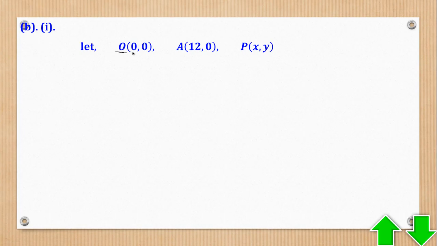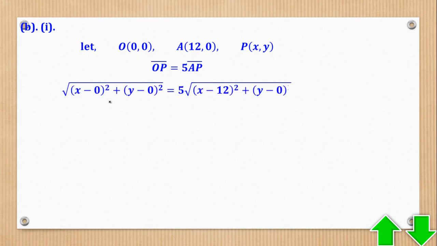So I have the origin 0, 0. I have a point given which is 12, 0 as A, and point P which is variable x, y. So distance OP is 5 times AP. So come and substitute: distance OP is that, distance AP is that, but don't forget the 5 here. To remove the square root, we square both sides. This 5 now becomes 25.